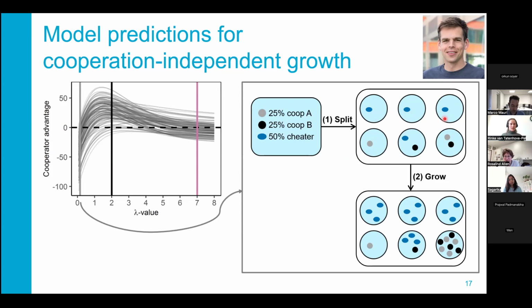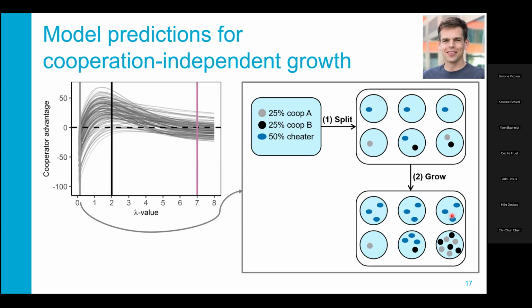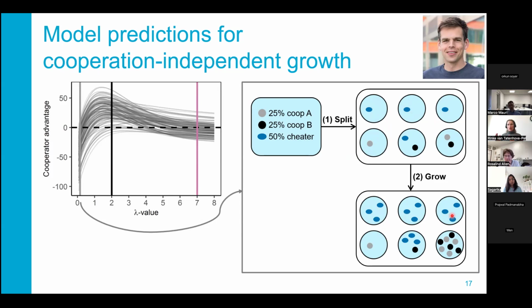And if single cells can grow by themselves, then the signal of these growing single cells obscures what's happening in the pairwise interactions. In the system we had now, the single cells couldn't grow.